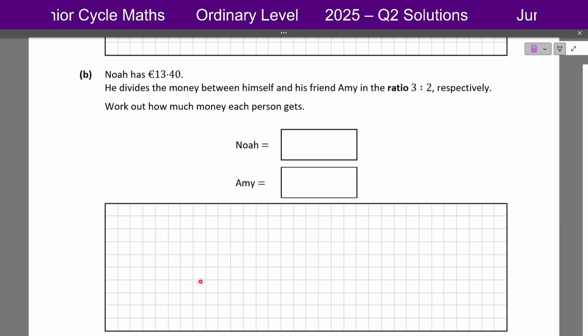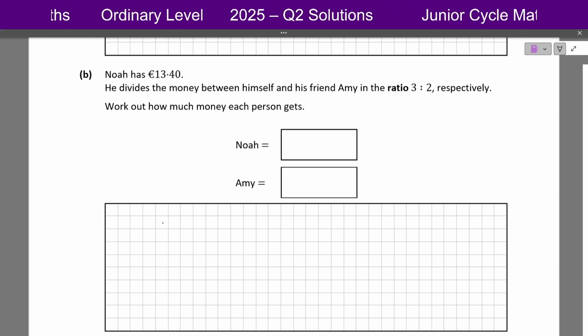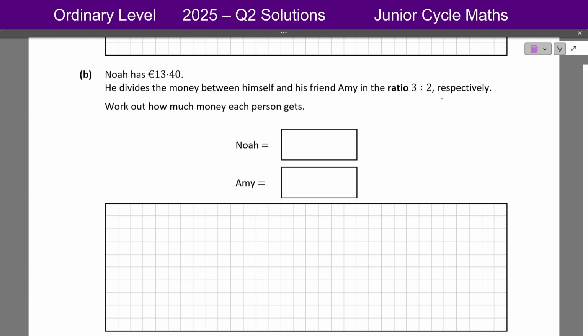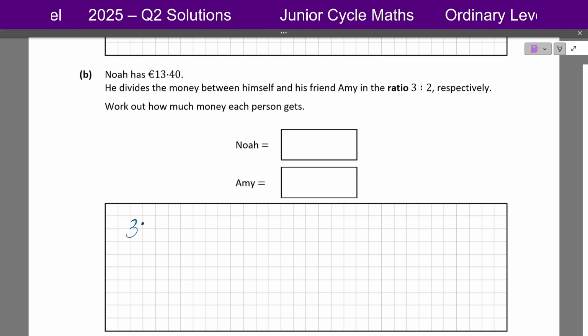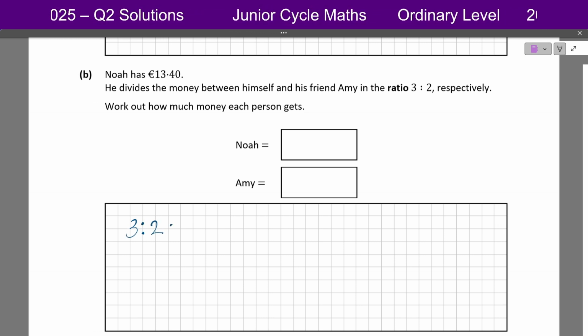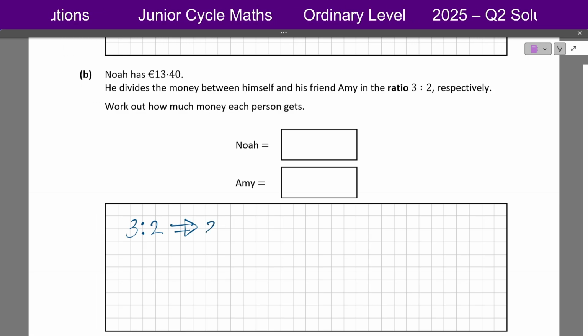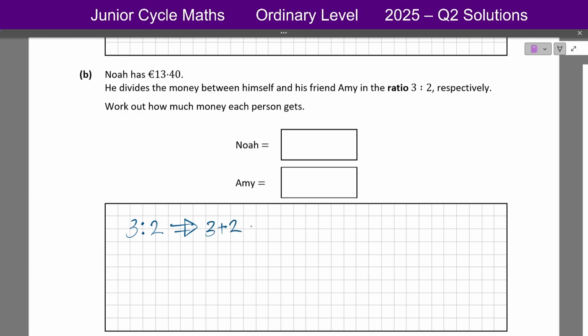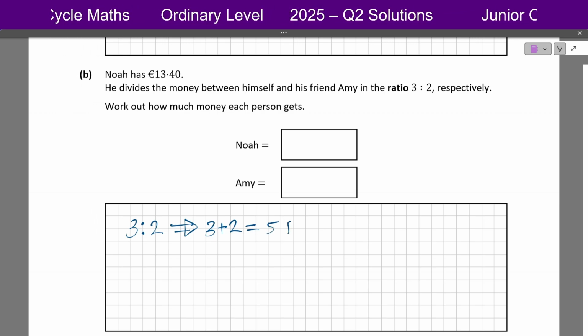The answer here is also simple. Since we know that the ratio is 3 to 2, it means that we have 3 plus 2, 5 parts.